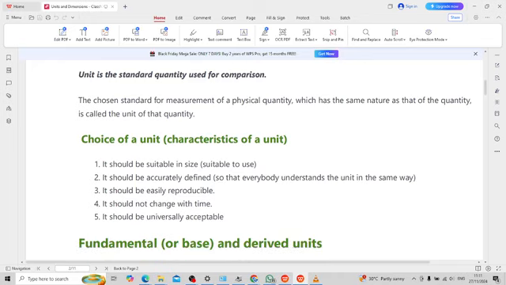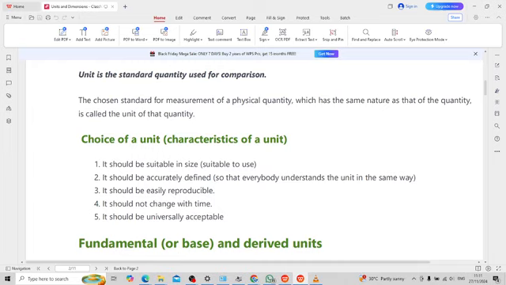So what are the characteristics of a unit? Number 1, the unit must be suitable in size, so that it is suitable for us to use. Number 2, it should be accurately defined. If we said 1 hour, we must be able to measure that 1 hour.